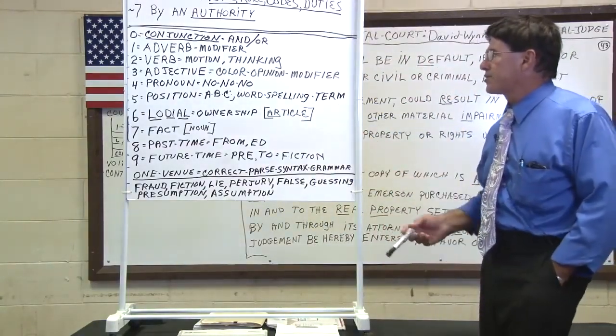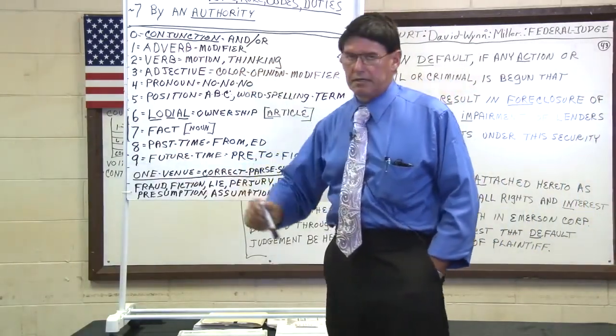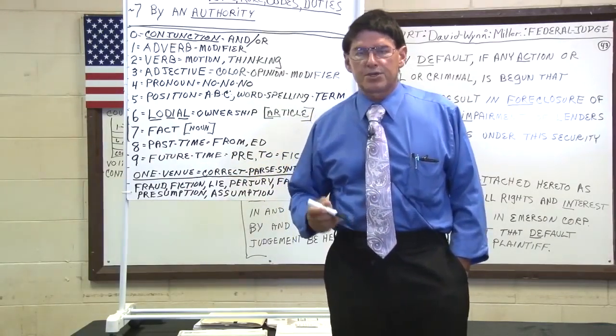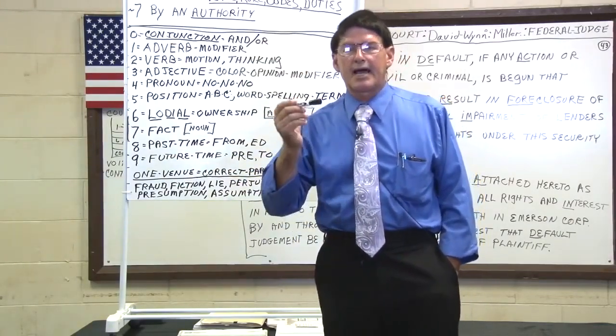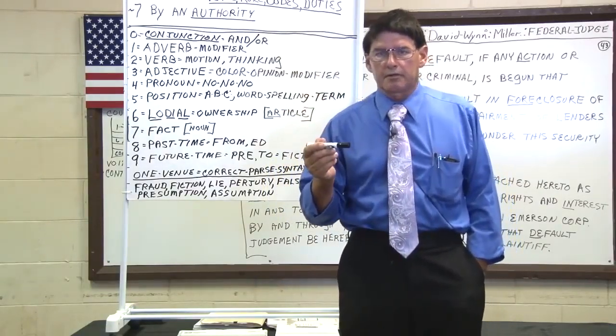Now the parts of speech are, we're going to use a numbering system 0 through 9. The numbering system is to identify each part of speech and how it appears between one word and another.